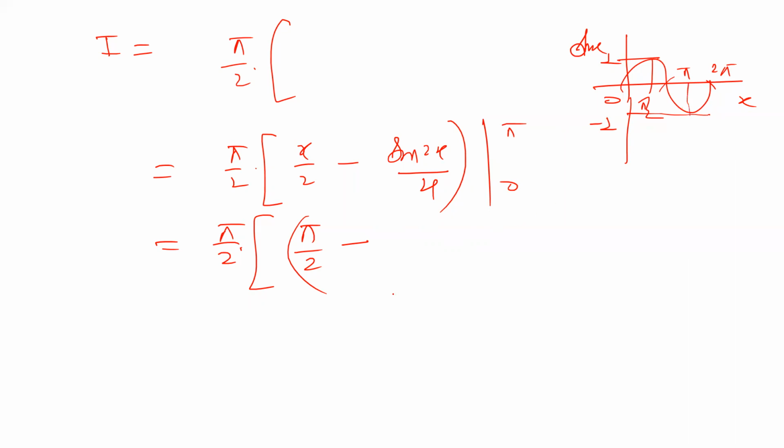So remember this waveform for sin x, it is very easy to memorize the value of sin x for specific angles. So here pi by 2 sin 2 into pi, you will get 0, minus, we have to apply the lower limit, this is also 0. So we'll get pi square by 4.